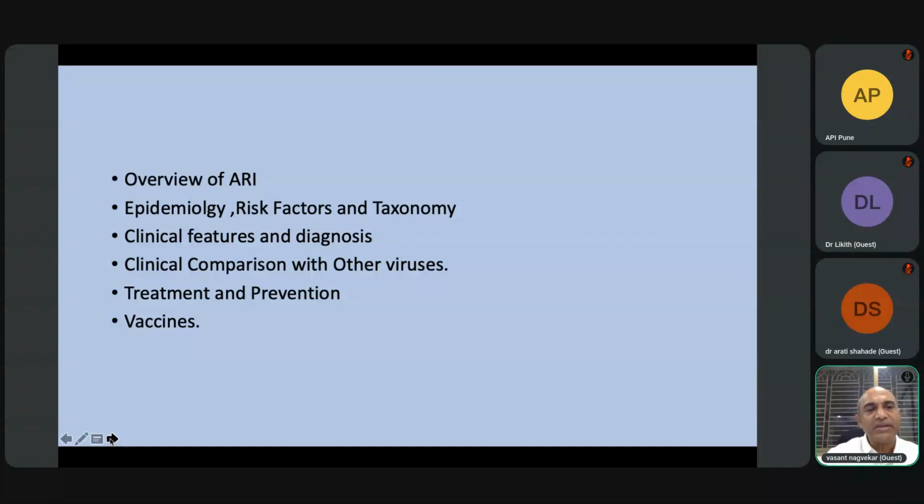And what are the various treatments which are available or experimental for human metapneumovirus, and prevention. We'll also talk about certain vaccines in development, some in phase 1, phase 2, and whether other similar viral vaccines which are available protect against human metapneumovirus? I think that's all I'm going to speak about today.